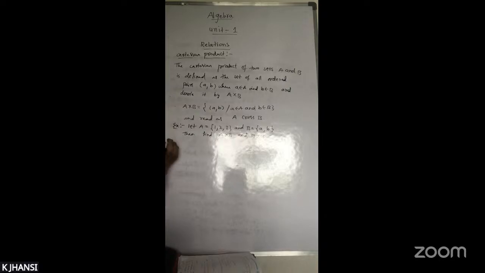So if a question is asked like this, then to find A cross B, we need to find the ordered pairs of those two sets. How will you find ordered pairs?